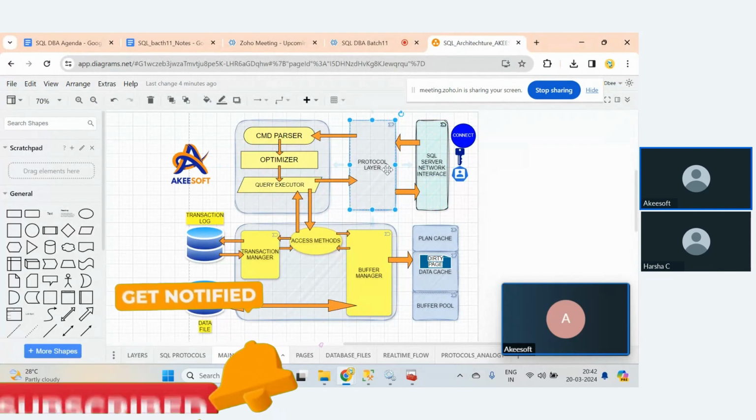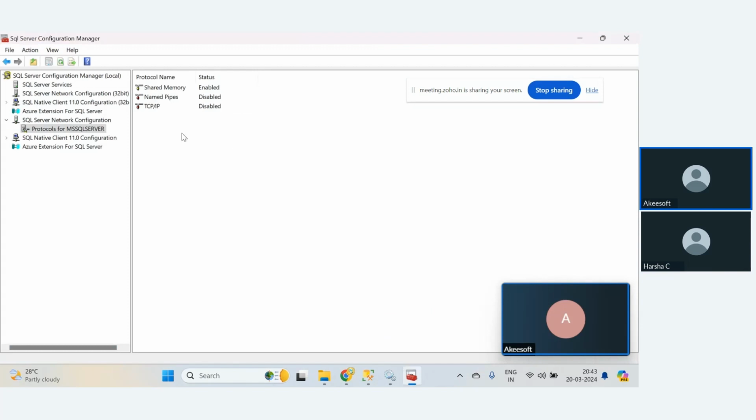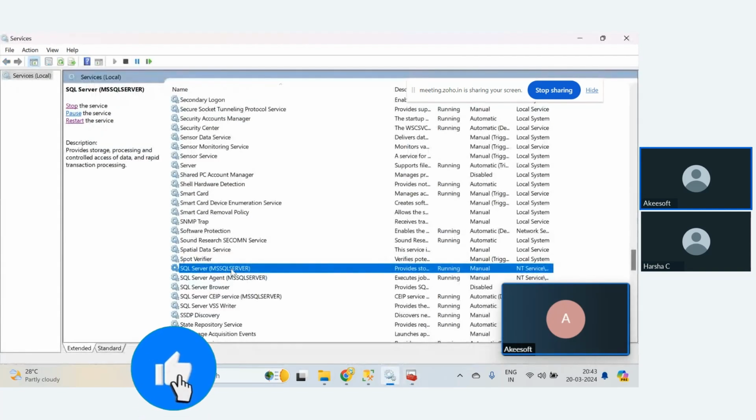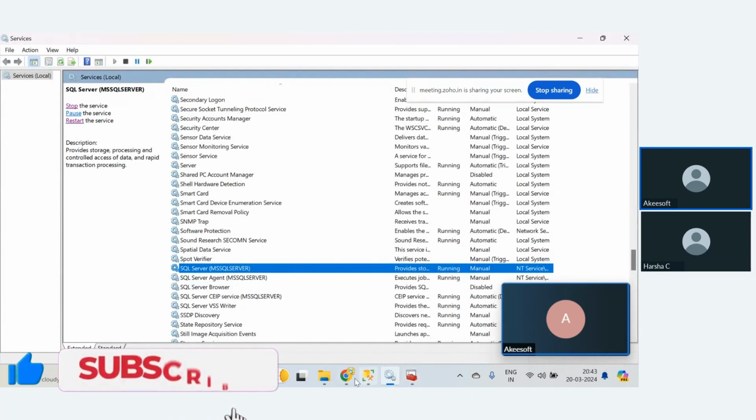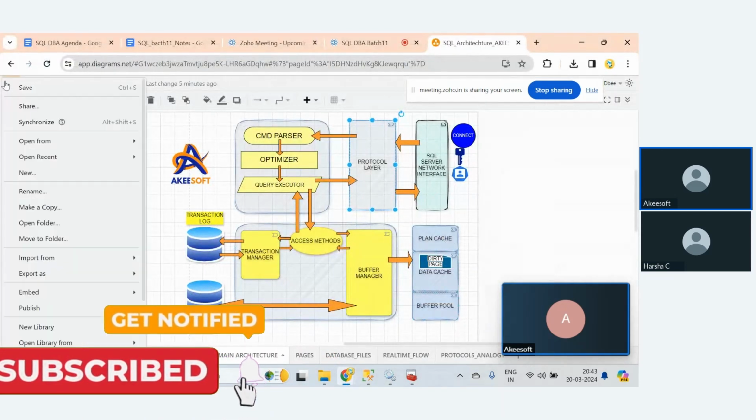Why we have three protocols is the question. Shared memory is a protocol to connect to the local services. I'll have a diagram for that, which helps.